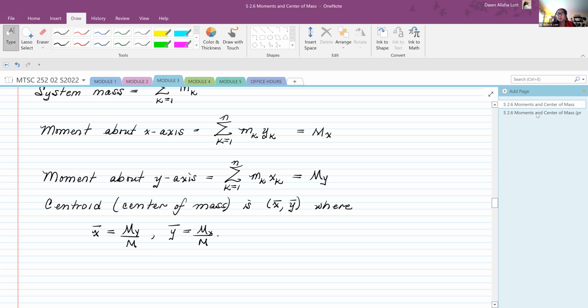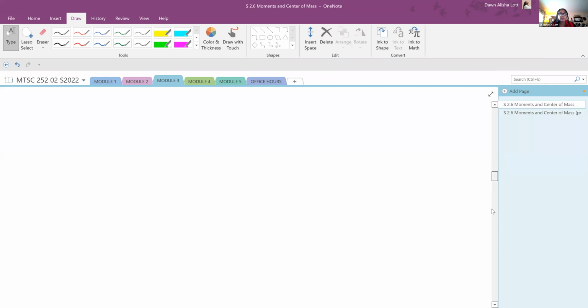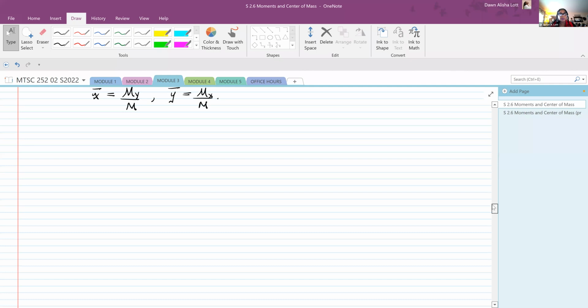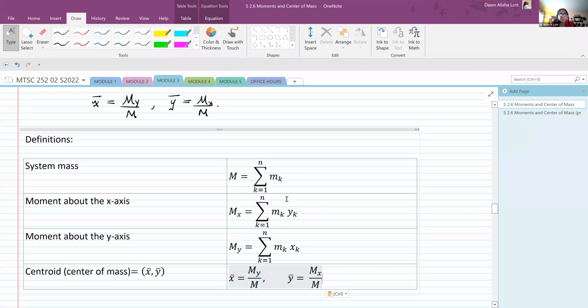Okay, so here are the definitions. They'll be helpful to you when you go back over these notes because these notes are posted. As we said, the system mass is to add up the masses.